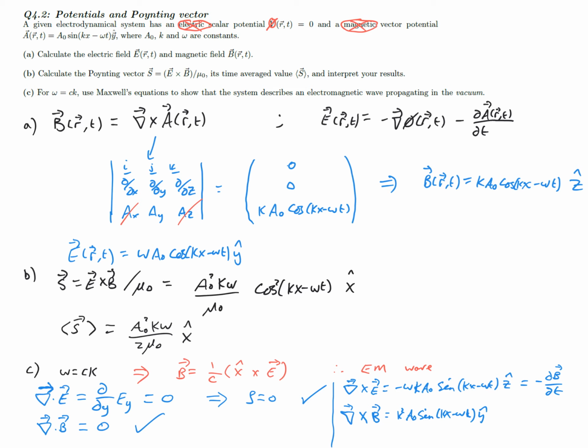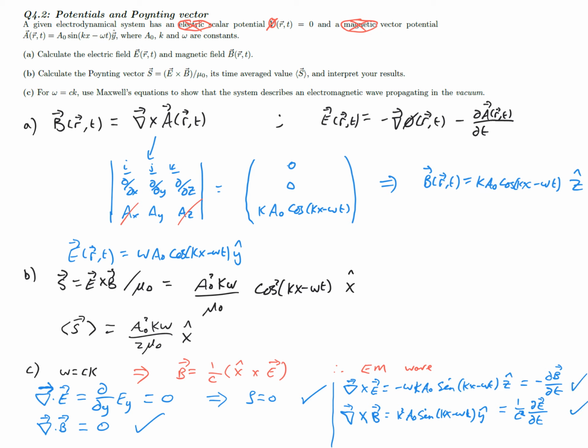And again, we can relate that to the time derivative of the electric field, because that's also something that points along the y direction. And when we look at the specific constants involved, we see it's 1 upon c squared dE by dt. Both of those things satisfy Maxwell's equations.